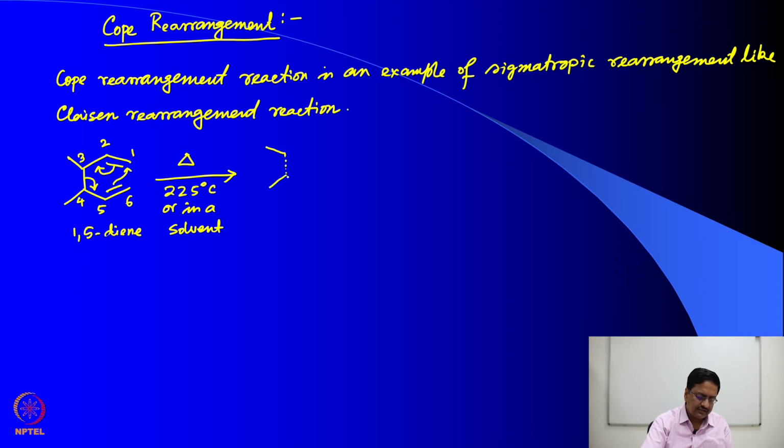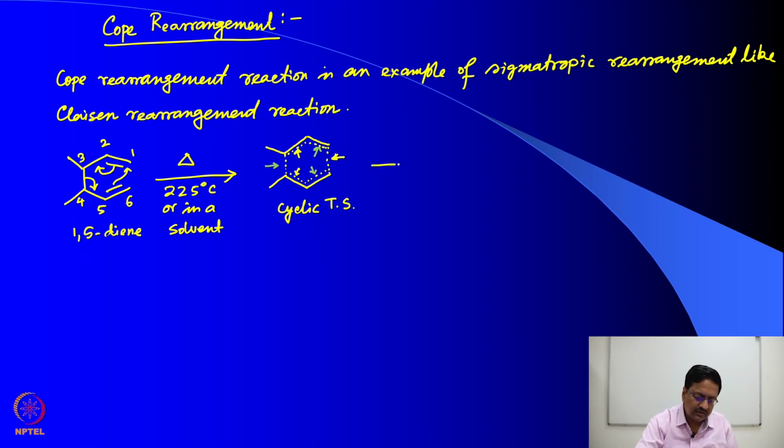So, the transition state that I am drawing here has a few dotted bonds, which means either those bonds are forming or those bonds are breaking. So, this is the cyclic transition state, where these bonds are forming and these bonds are breaking simultaneously.